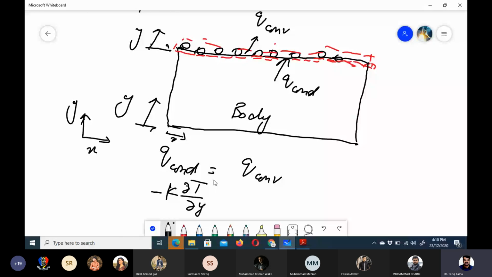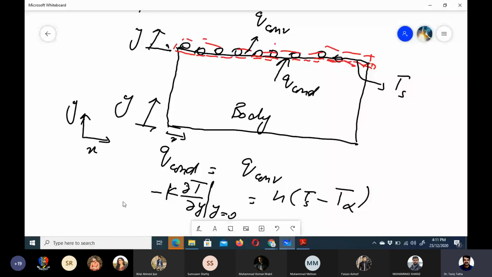So at y equal to 0, what is q convection? That is h into Ts minus T infinity, where Ts is the temperature of this surface.